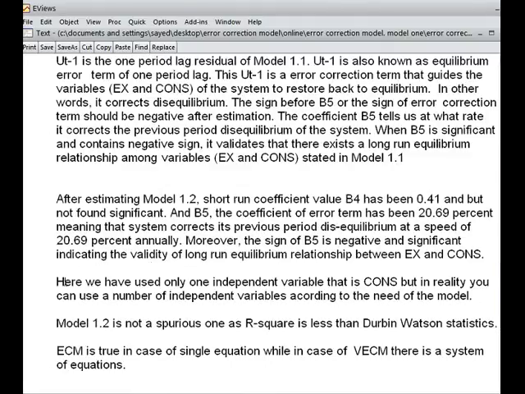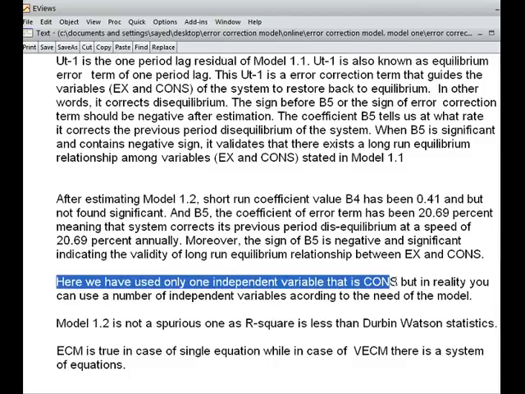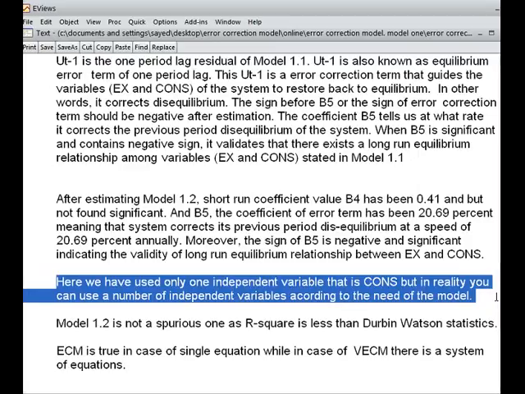And here, in the whole error correction model, we have used only one independent variable, that is cons, but in reality you can use a number of independent variables according to the need of the model.